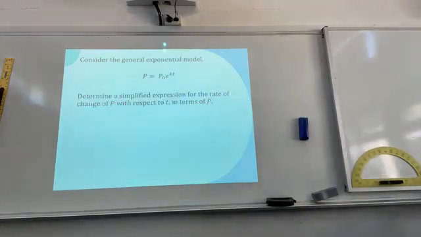Now let's consider this general equation. Can you write the simplified expression for the rate of change of P with respect to t in terms of P? Do the first derivative of P first. So what is dP/dt?